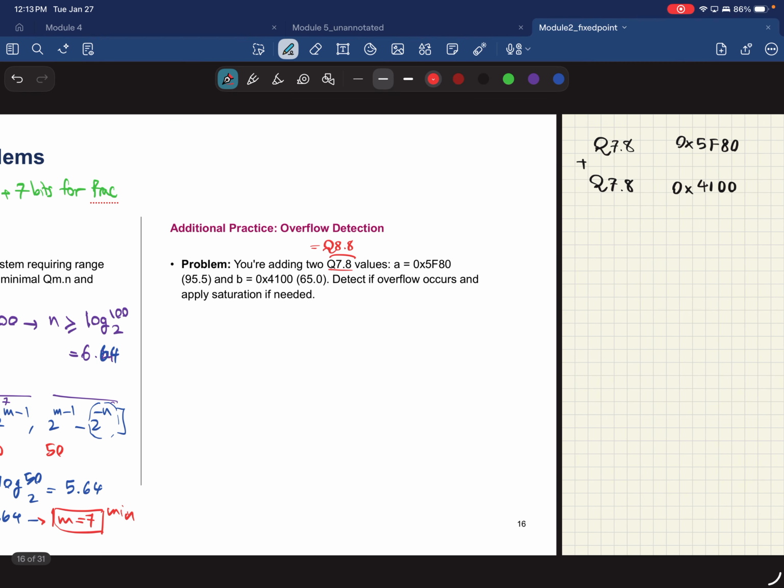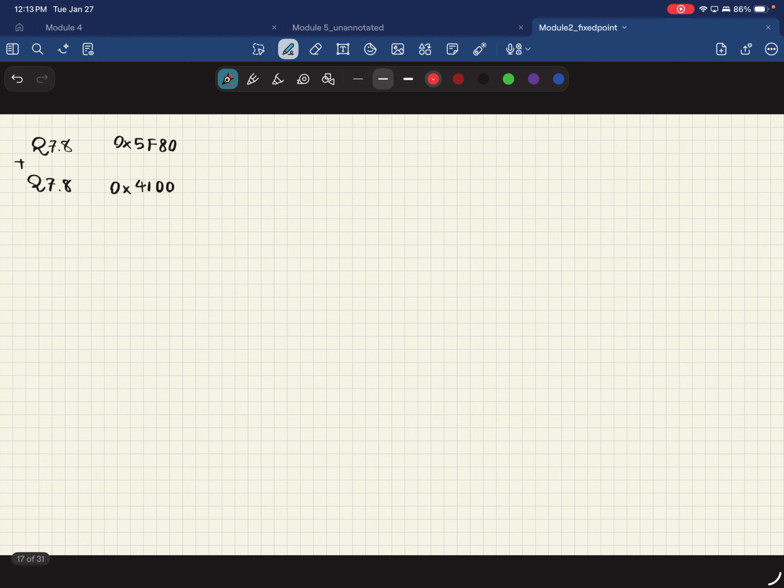Now, let's do this calculation. The first number in hex is 5F80. Let's convert that to binary. Throughout this lecture, I'll show you the hex, the binary, the decimal, and the integer.